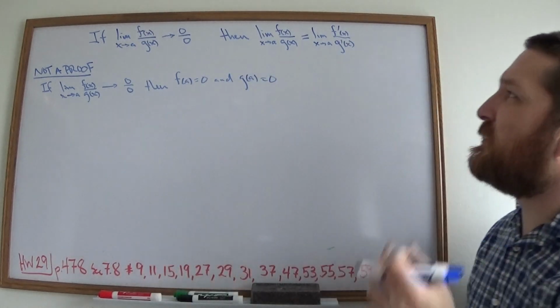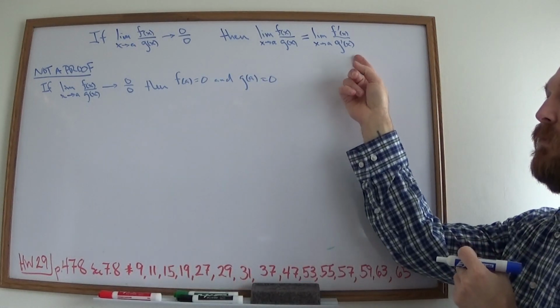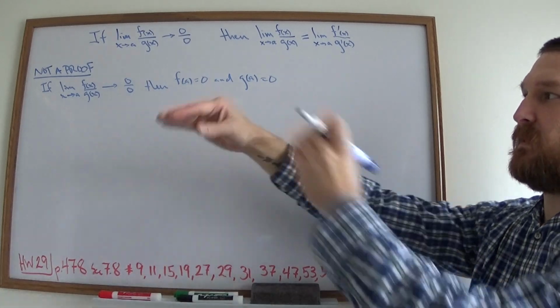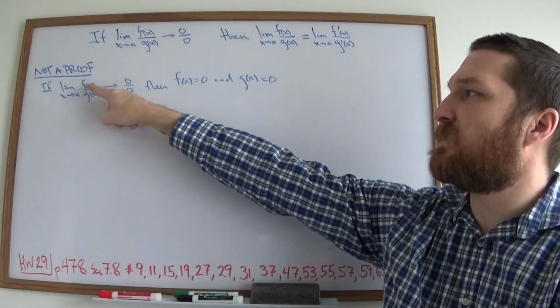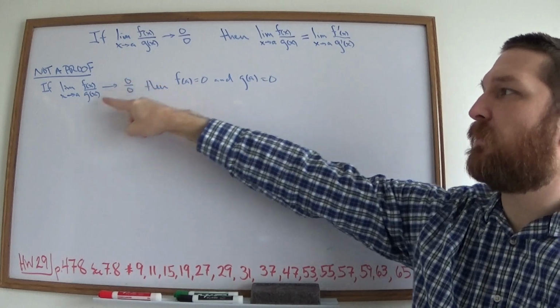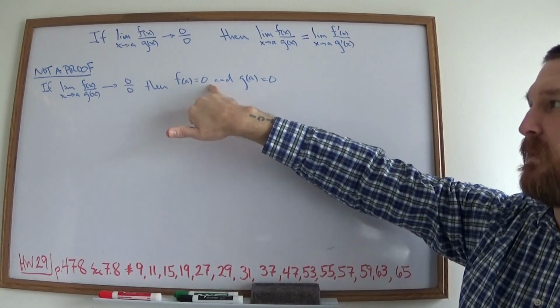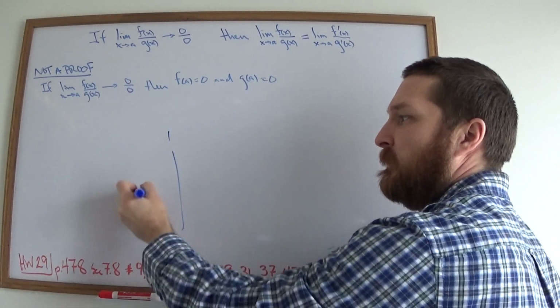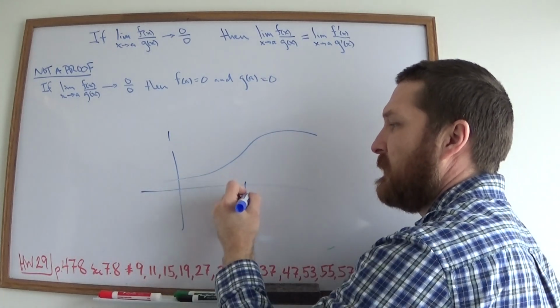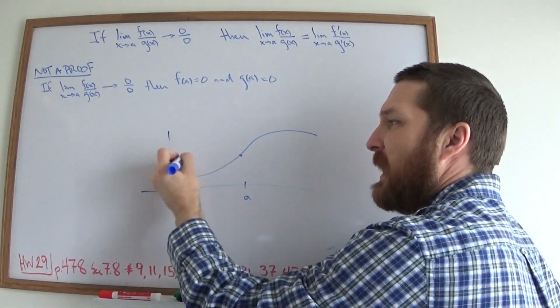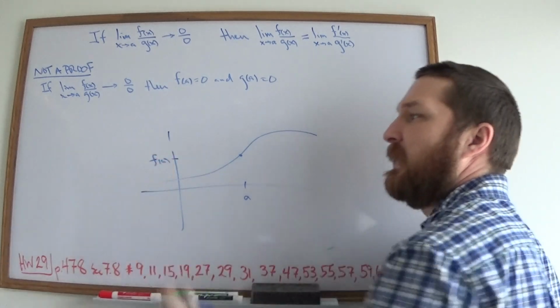We're assuming that these are differentiable functions. If they're differentiable, then they're continuous, which means they don't have any jumps. So if this is approaching 0 as you go to a, then it's actually 0 at a. That's all that means. As you go to a, you get out f of a.